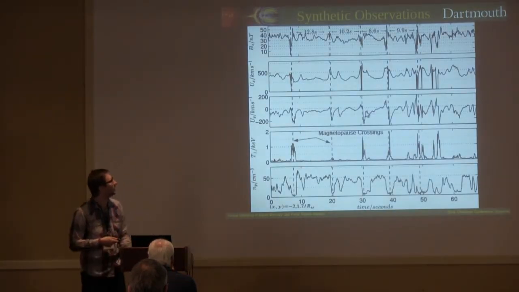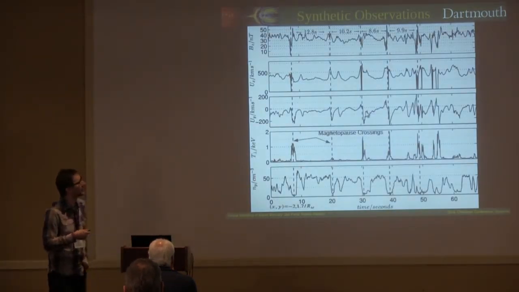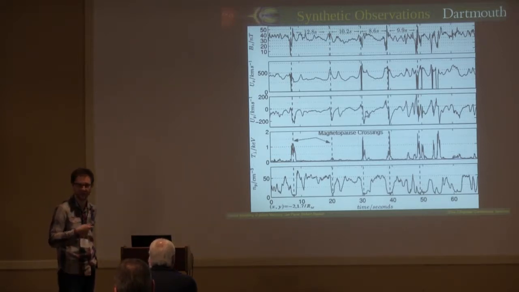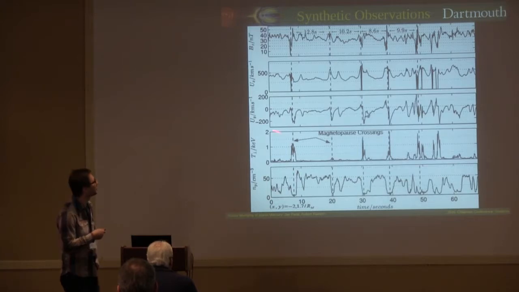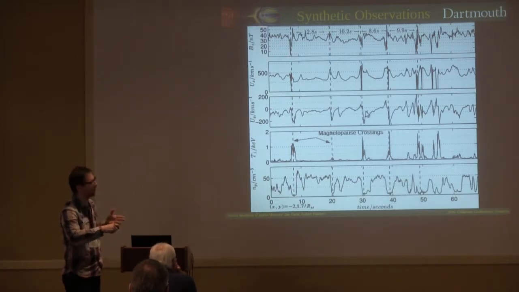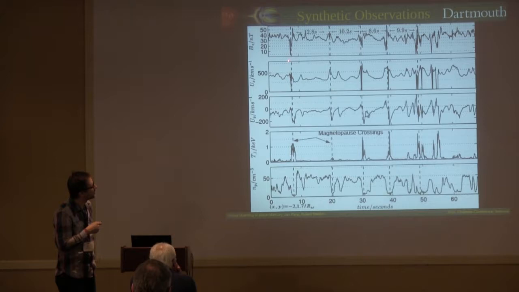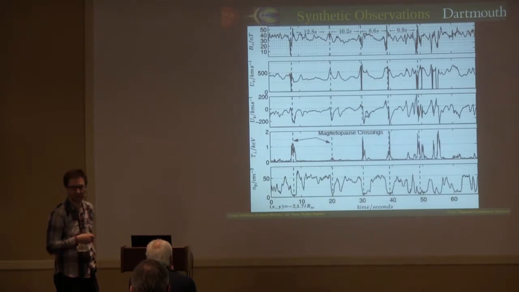Then you can go ahead and place a virtual probe into your simulation and compare what you see to what MESSENGER sees. And it turns out this is the magnetic field. This measurement was taken in the simulation slightly down the tail, around 2 and 1.7. And then you can see this sawtooth-like pattern in the magnetic field.